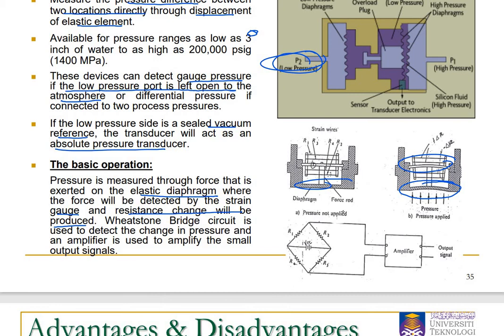So when the strain gauge detects the movement of the diaphragm, there is a resistance change of that metal. So from the resistivity change, it can be used to detect the change in pressure.